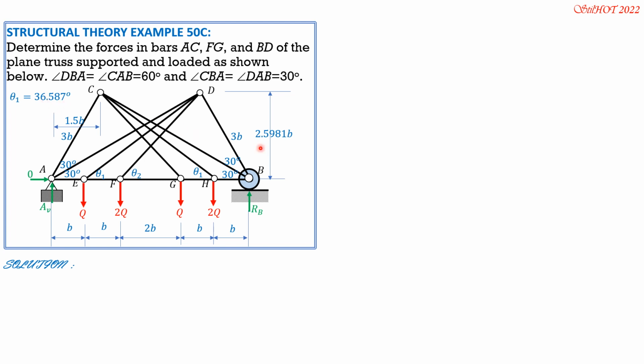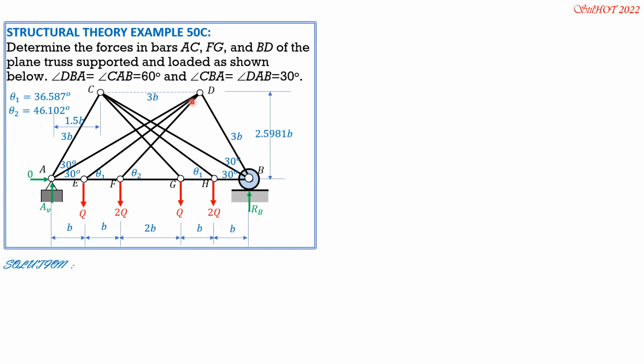Again, theta 1 is arctan of 2.5981 over 3.5, where 3.5 is 5b minus 1.5b. Then tangent theta 2 is 2.5981b over 4b minus 1.5b. So 4b minus 1.5b is 2.5. So theta 2 is arctan of 2.5981 over 2.5. So theta 2 is 46.102 degrees.